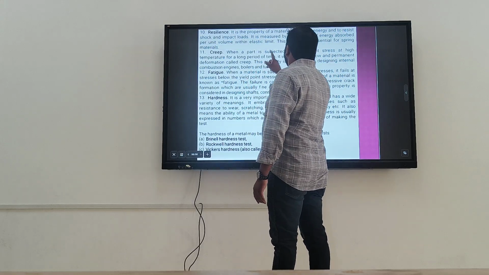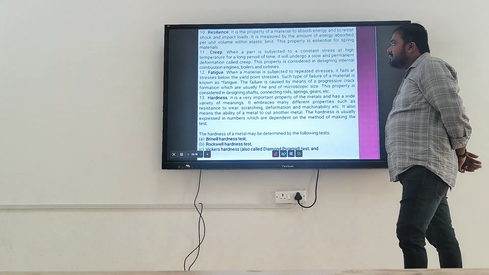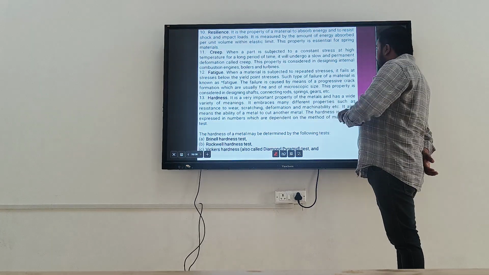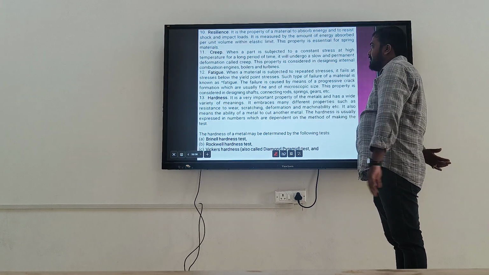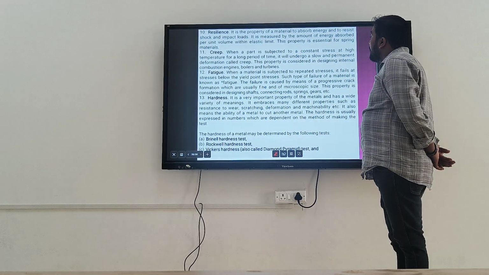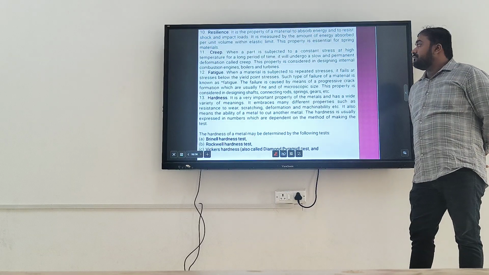When a part is subjected to constant stress at a high temperature for a long period of time, it will undergo a slow and permanent deformation, which is called creep.